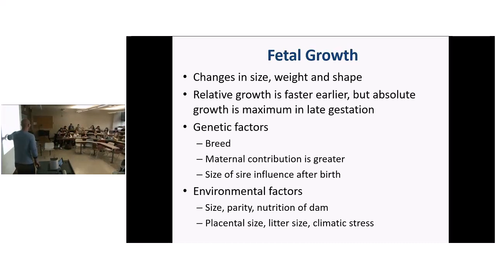And the size of the sire influences after birth. Okay, so that's what I meant by that. The other part is that the sire doesn't have to be of a different breed. Within the same species, within the same breed, you're going to have quite a bit of genetic difference between individuals.